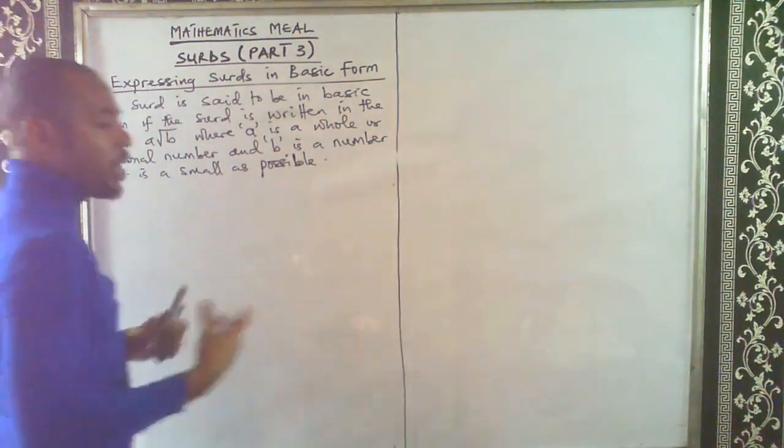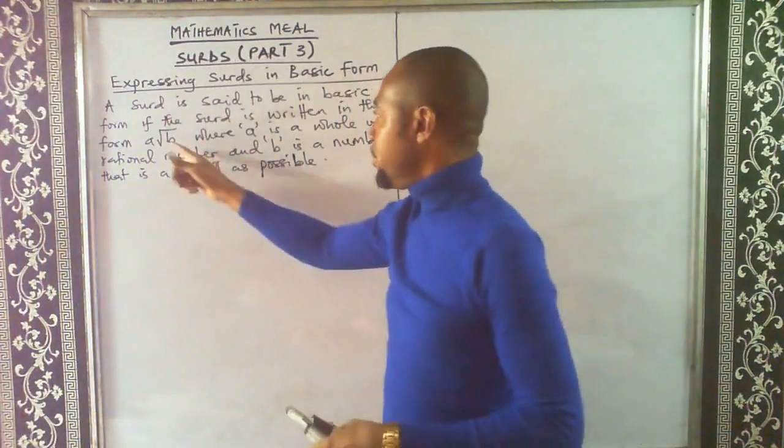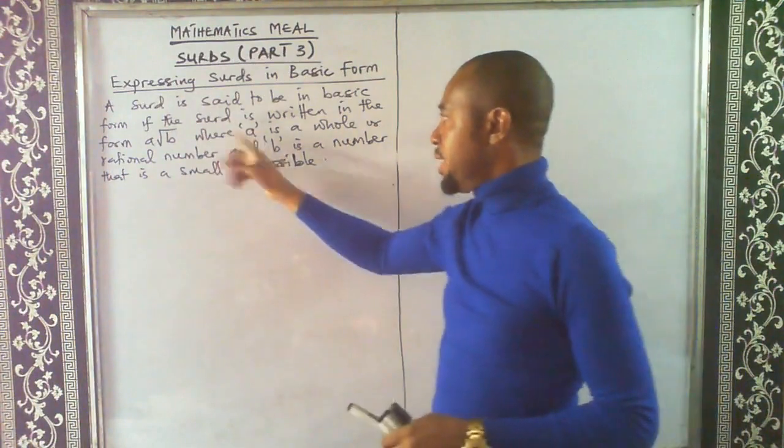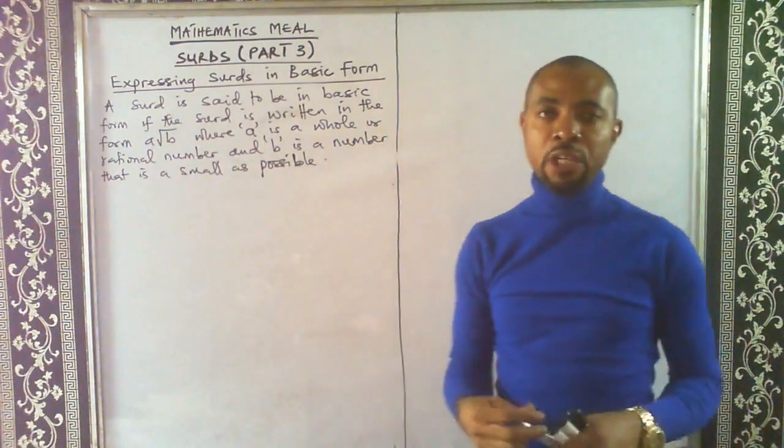So whenever we write a surd in this form, that surd is said to be in what? In basic form, where A is a whole number or a rational number.